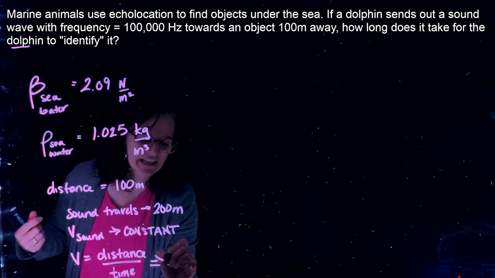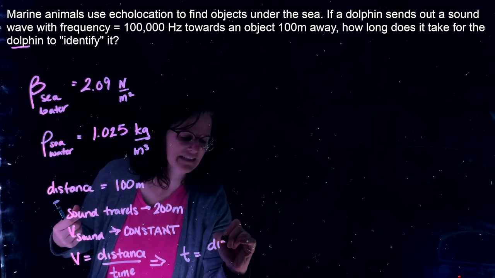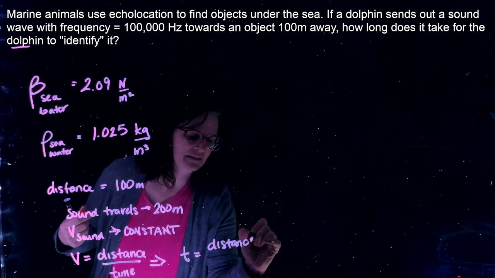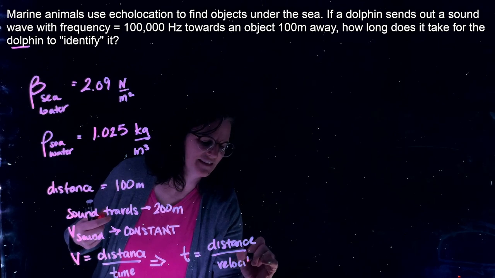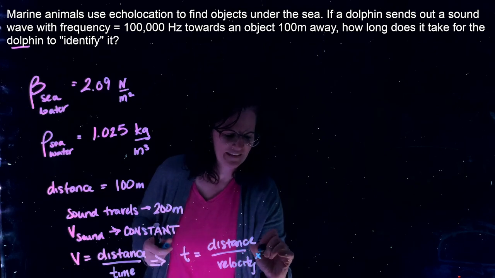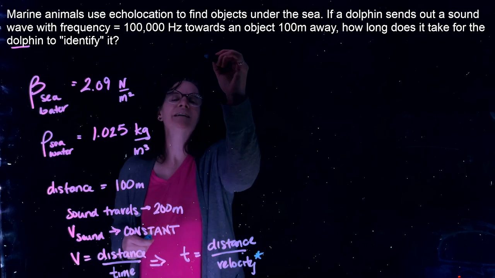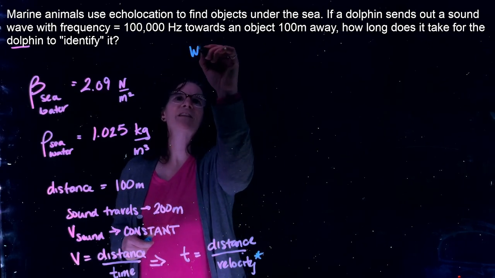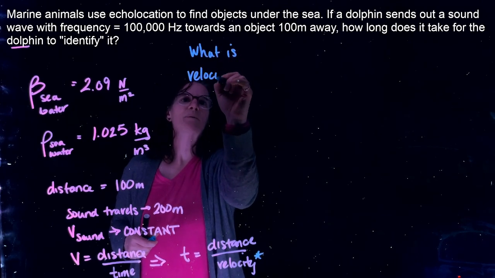So for us to find the time, we need the distance, which we have, and we need the velocity of the sound. All right, so that's what we're interested in determining. What is the velocity of this wave?